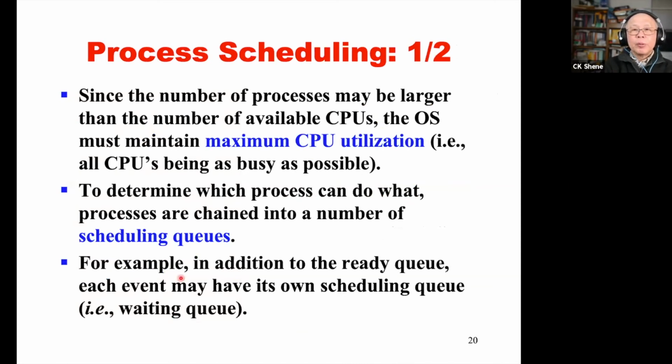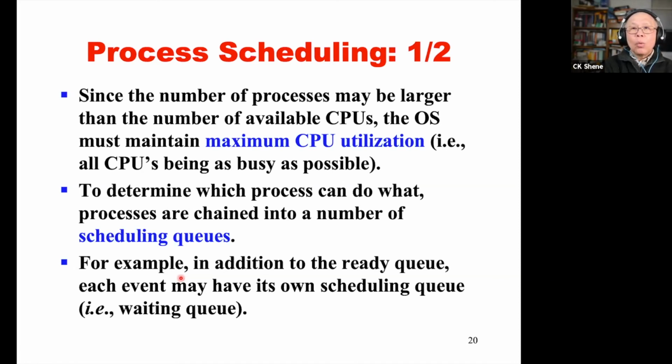Then we encounter the term process scheduling, which was used so many times. Because the number of CPUs or CPU cores is always less than the number of processes, these processes will be run in an interleaved way, so that every process will be in progress at any time.